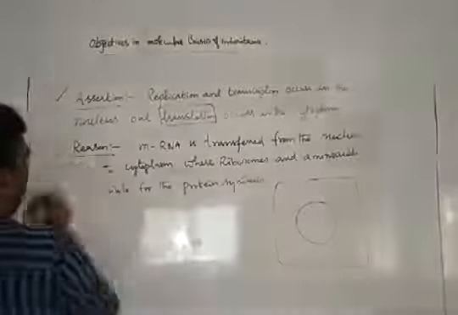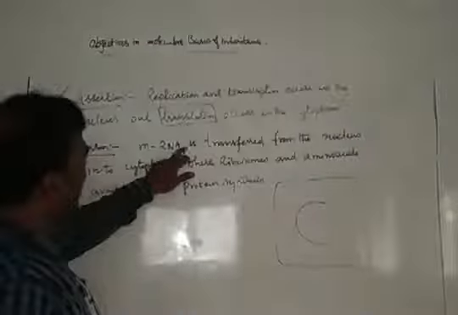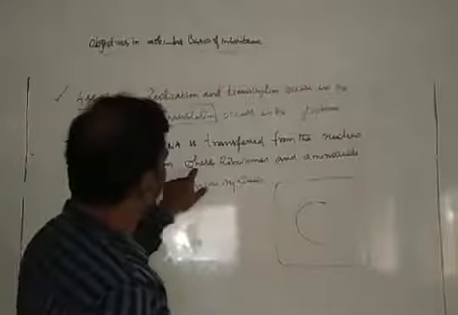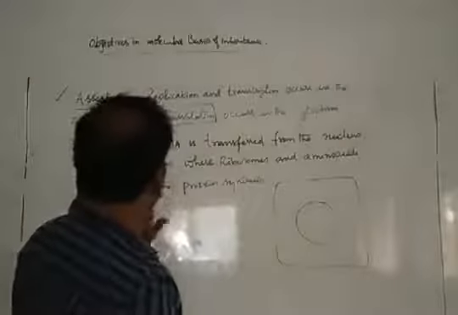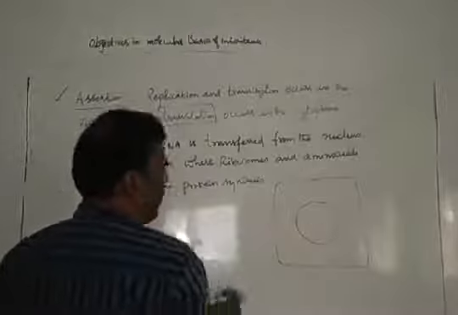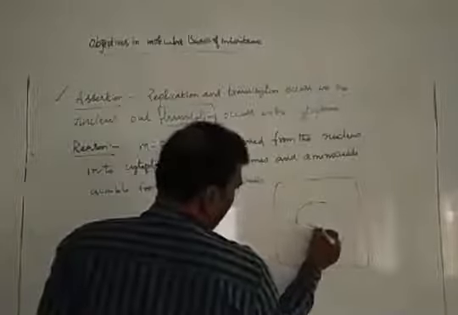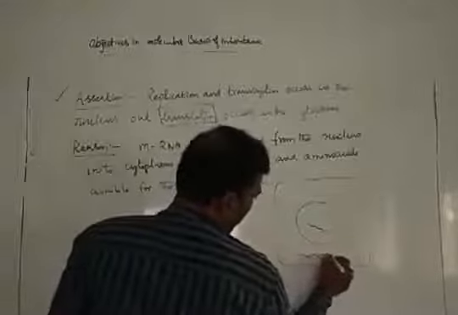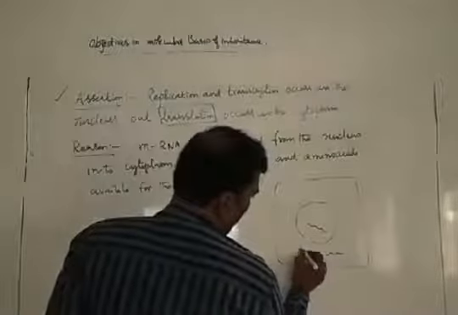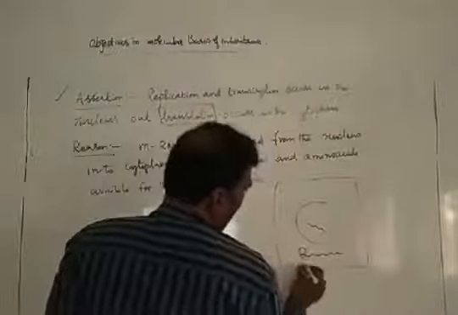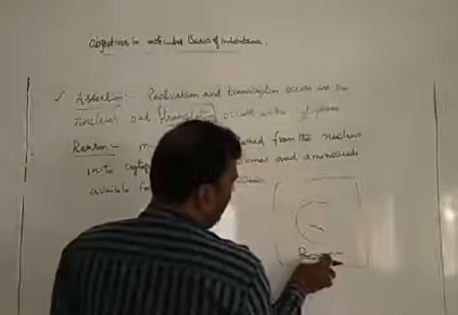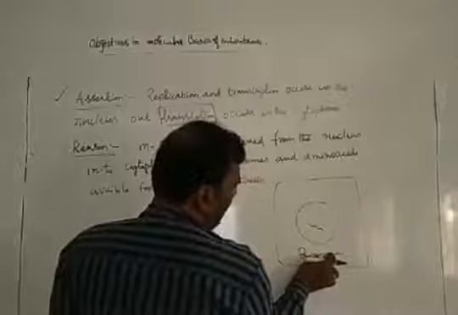And then the reason: the mRNA is transferred from the nucleus to the cytoplasm where ribosomes and amino acids are available for protein synthesis. Whatever mRNA is synthesized here comes to the cytoplasm where the ribosomal subunits and amino acids are present, and then the protein synthesis mechanism takes place in the cytoplasm.